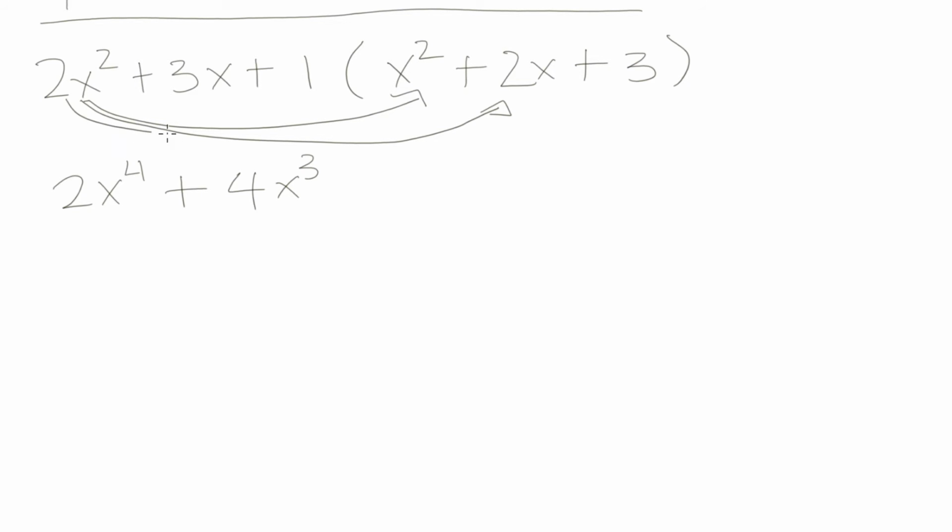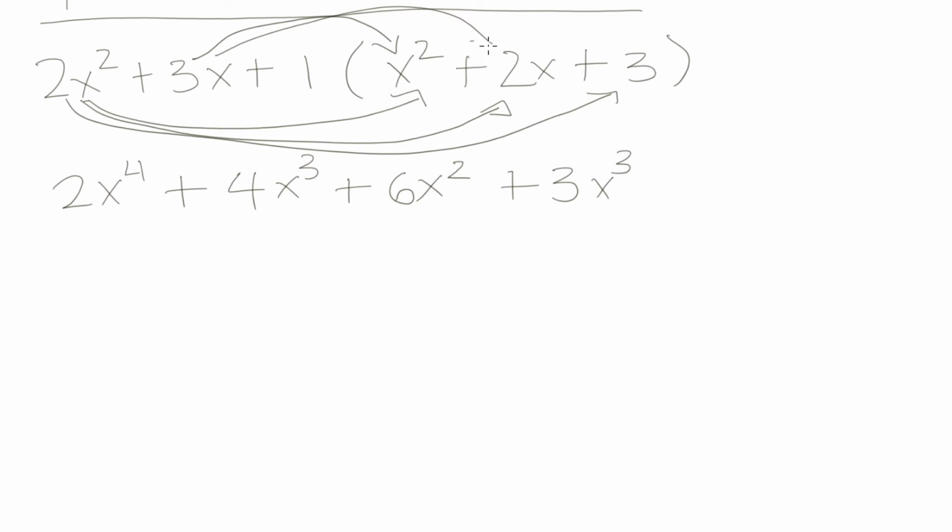Now we're going to do 2x squared multiplied by 3. 2 times 3 is equal to 6. And we have our x squared. Now let's start with this guy over here. 3x multiplied by x squared is going to give us 3x cubed. 3x times 2x is going to give us 6x squared.